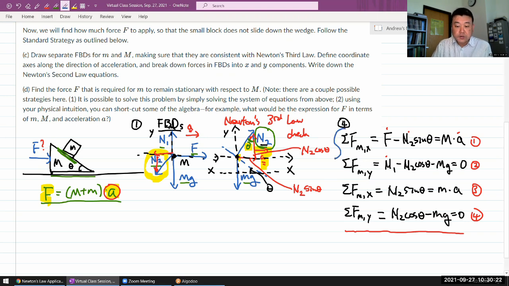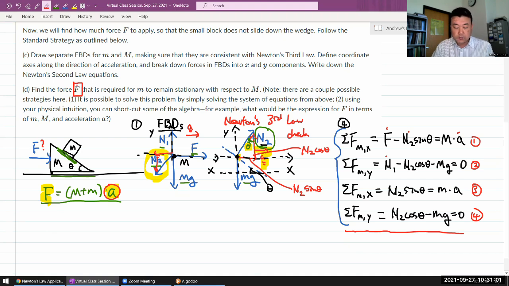A system of four equations is quite a large system, and it's one of those things where unless you plan and go through these steps deliberately, you can easily get stuck in a loop. So let me illustrate that algebra, since this is one of the rarer circumstances where the algebra itself could be tricky. This is how I like to plan my algebra. We are looking for a particular quantity of force that is required to do something.